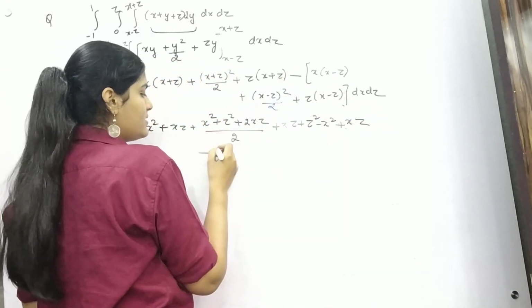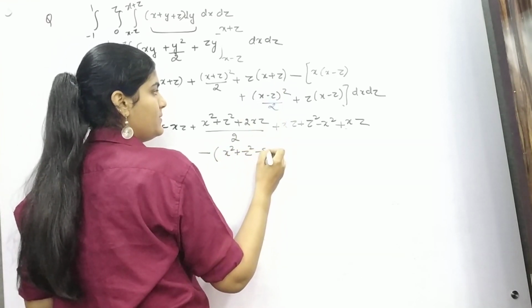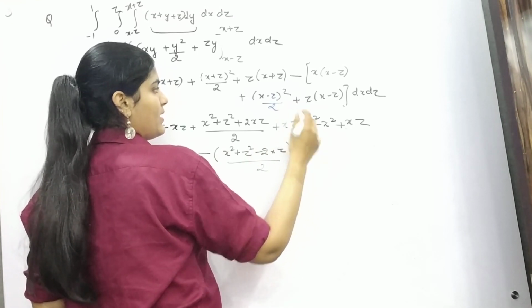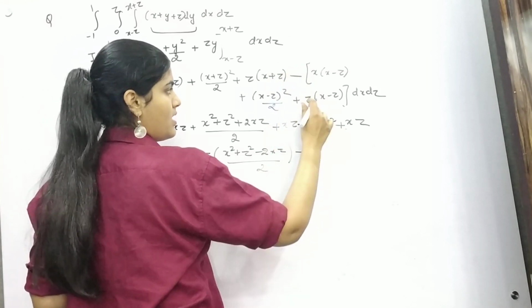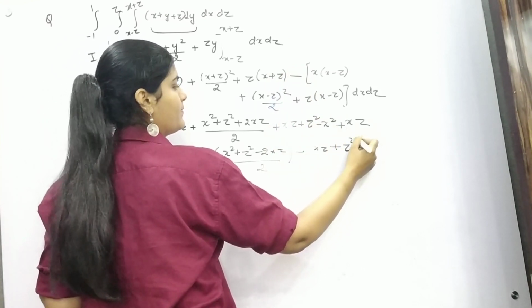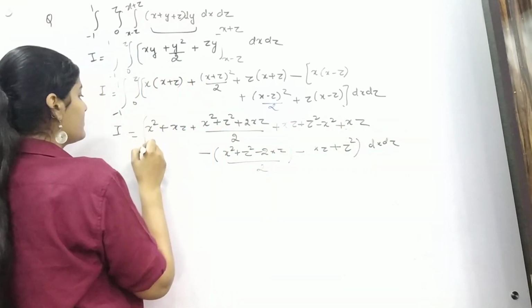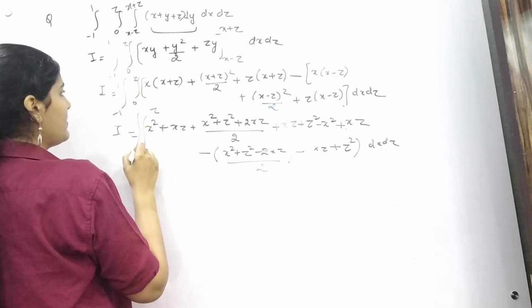This will be minus of x, a minus b whole square, a square plus b square minus 2ab, minus xz minus plus z square. Thereafter, this is for 0 to z and minus 1 to 1.